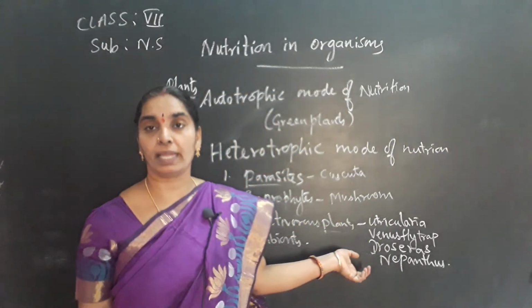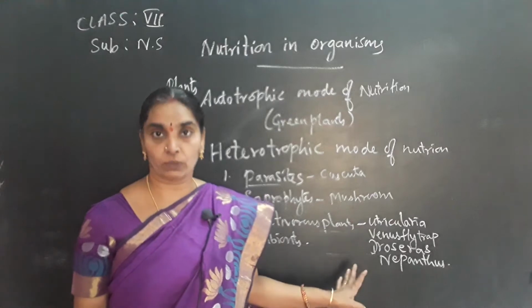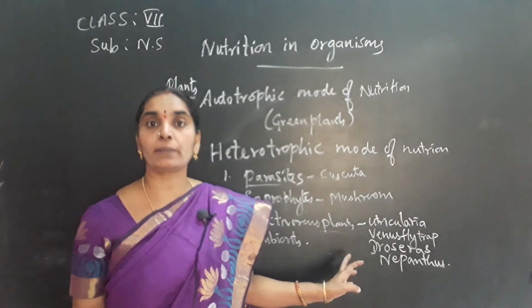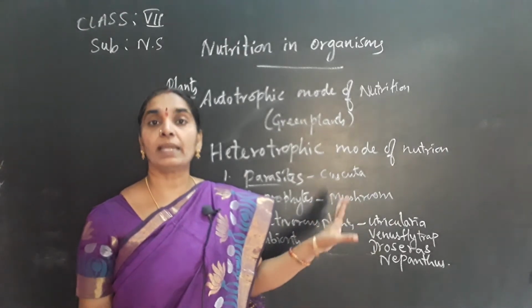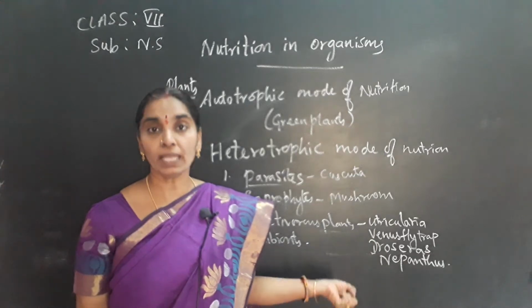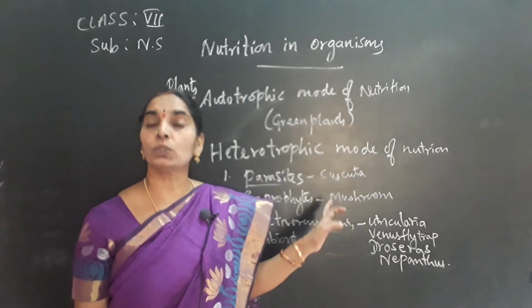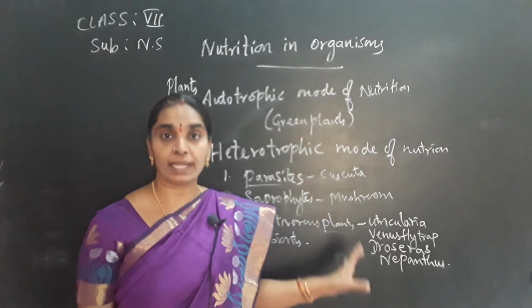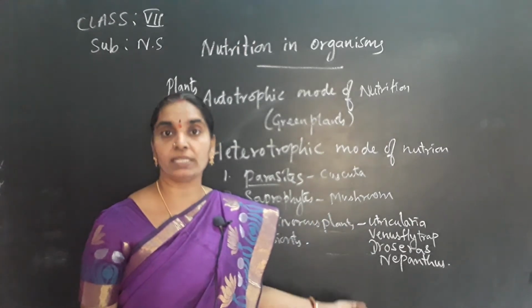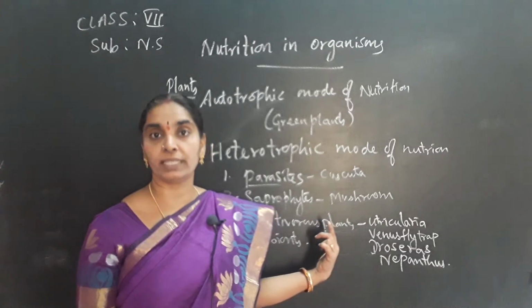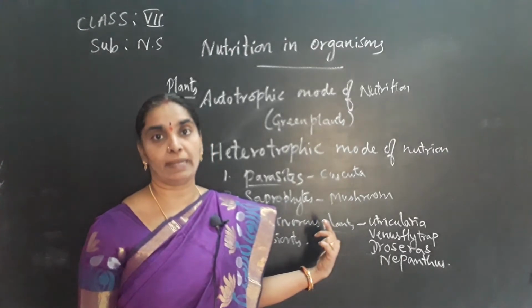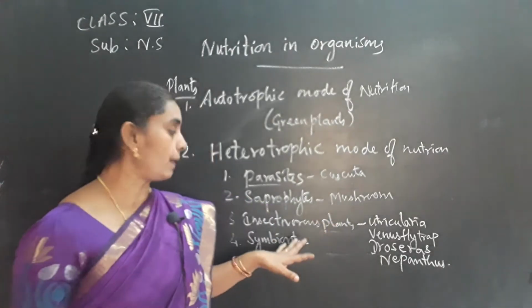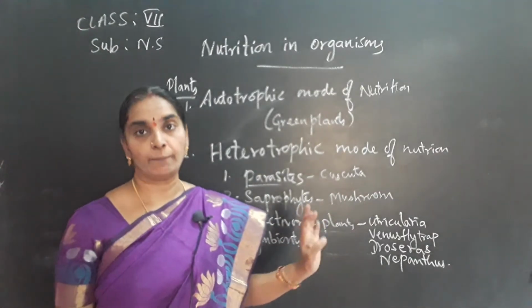They grow in areas deficient in nitrogen. They get their nitrogen requirements from insects. They modify their leaves to trap the insects. So though they are green in color and prepare their own food, they lack nitrogen, and to get it they depend on insects. Okay children, so this is about the insectivorous plants.